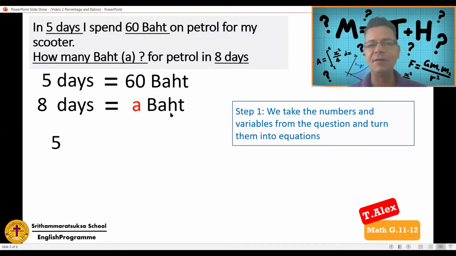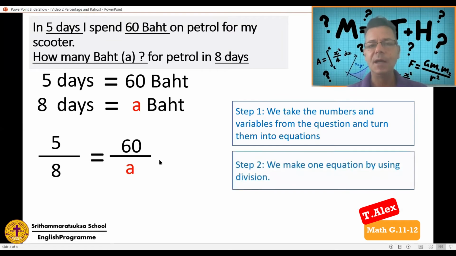Let's look at the very important step 2. We make one equation by using division. I simply divide 5 by 8, and I say equals 60 divided by A.